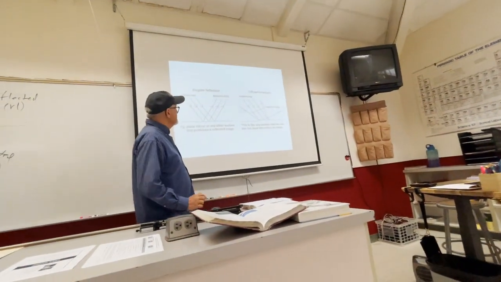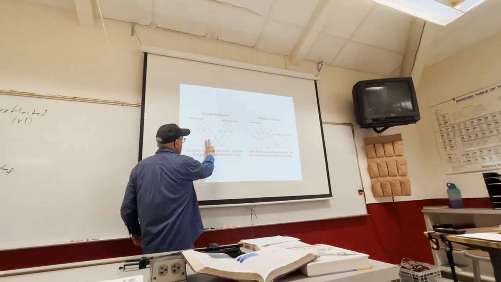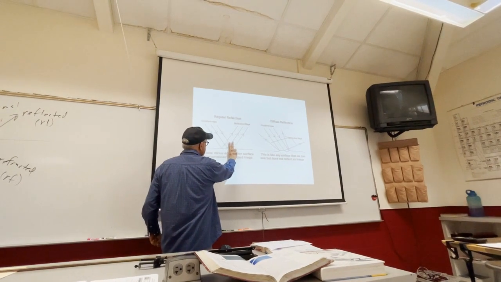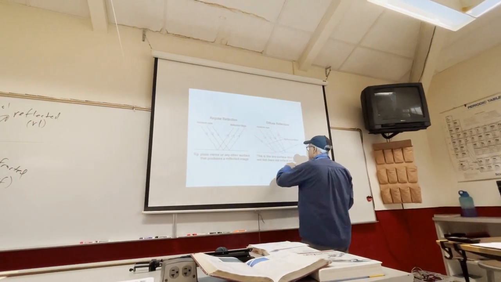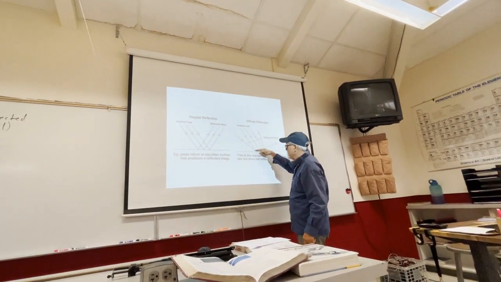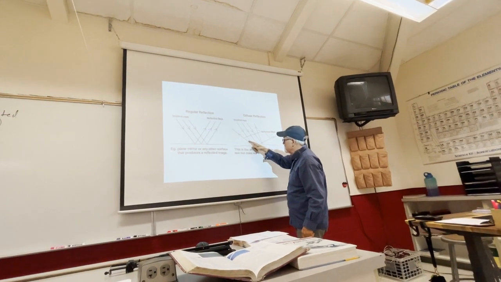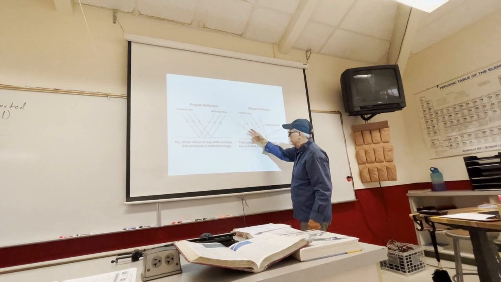Anyway, so what you have is, on a regular surface, the law of reflection: incident is equal to out. On a rough surface, you've got all these different angles. So you have this one coming in, and here would be the normal, so the law of reflection in, the law of reflection out.